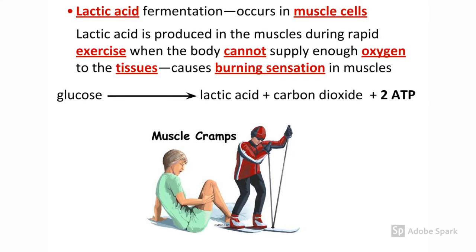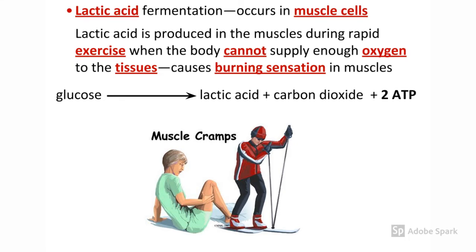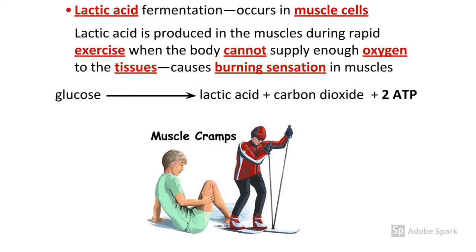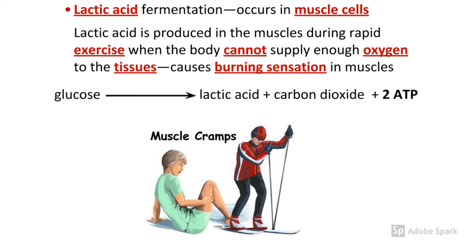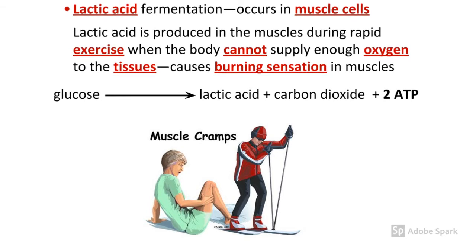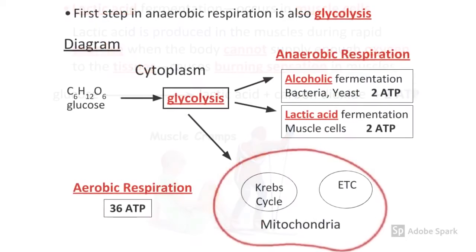You just can't breathe fast enough to keep up with the oxygen demand of each individual cell. So as you can see in this reaction, glucose becomes lactic acid plus carbon dioxide plus 2 ATP. That is way less ATP than the 32 that you get out of aerobic respiration.